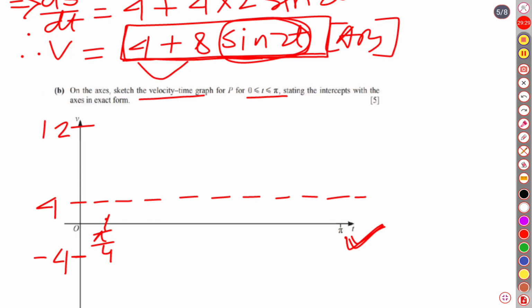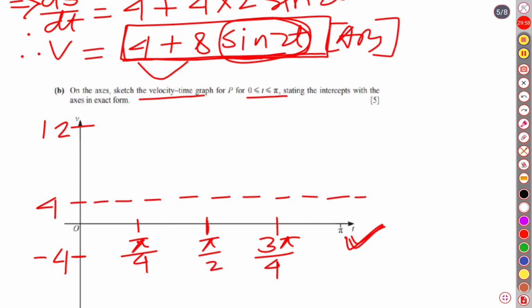Not so close, let me write this. First find the half of this. Suppose this is half, so this is pi over 2. Then the next is pi over 4, pi over 4, and then this is going to be 3 pi over 4.